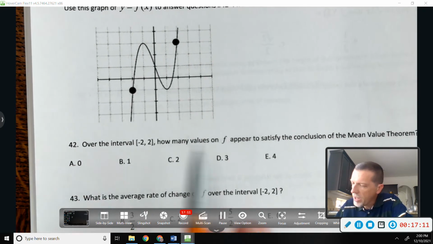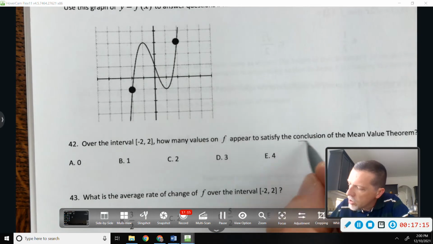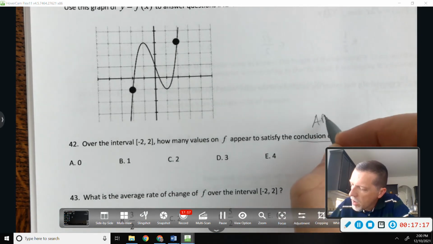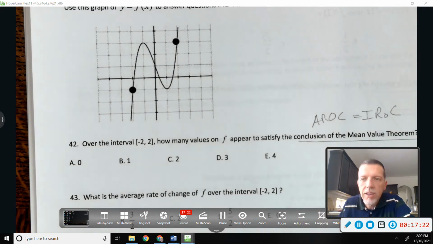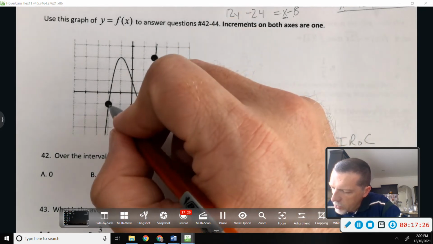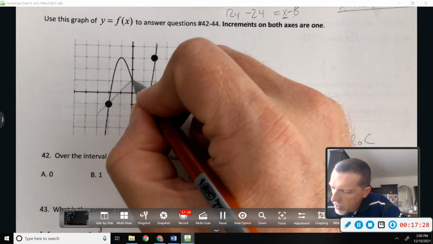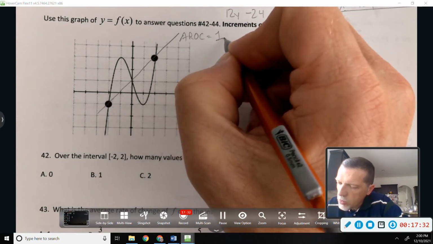42. I want to answer this one. How many values of c appear to satisfy the conclusion of the mean value theorem? Which means the average rate equals the instantaneous rate. Well, negative 2 to 2. There's the average rate equals 1.